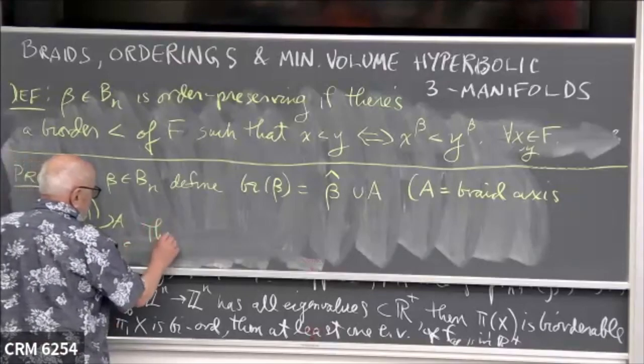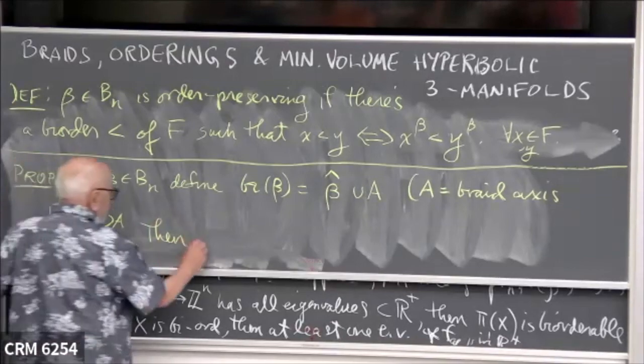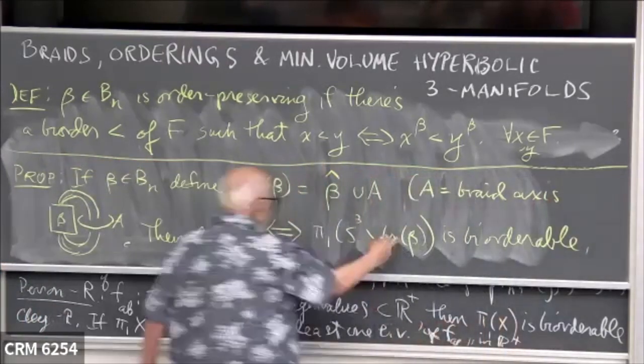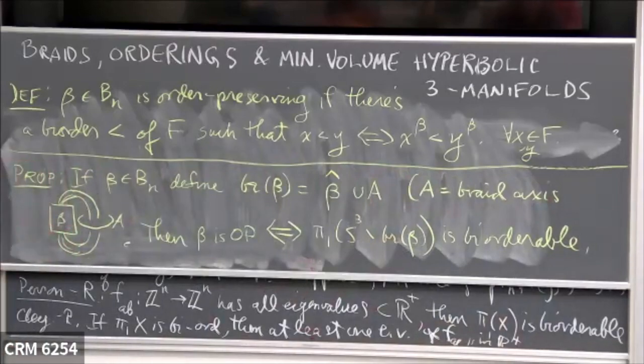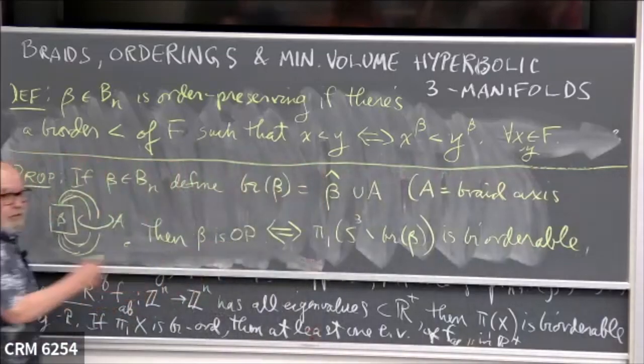Then beta is order preserving if the complement of that link has bi-orderable fundamental group. Because the fundamental group of the complement is really pi one of the mapping cylinder of beta, using that, you conclude that this will be bi-orderable if beta preserves some bi-ordering, and conversely.